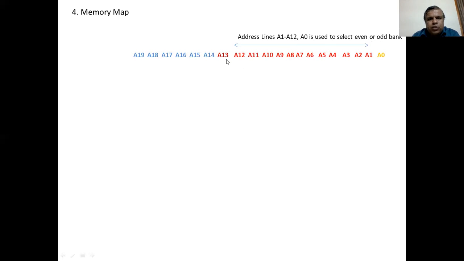Then the remaining address pins, extra pins: we have A0 to A12, the 13 address lines, so 20 minus 13 is 7 extra address pins. These extra pins are decoded using the decoder to select the memory devices.